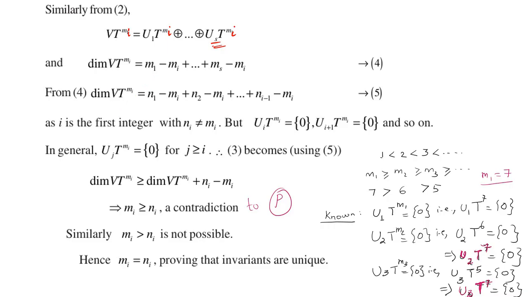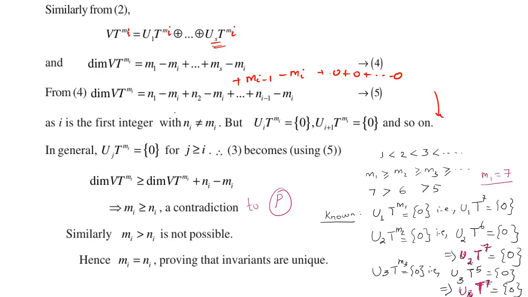So here we are writing dimension of Vt power mi as n1 minus mi and so on, up to ni minus 1 minus mi, plus the rest of the terms themselves will be 0. Explanation is given here.